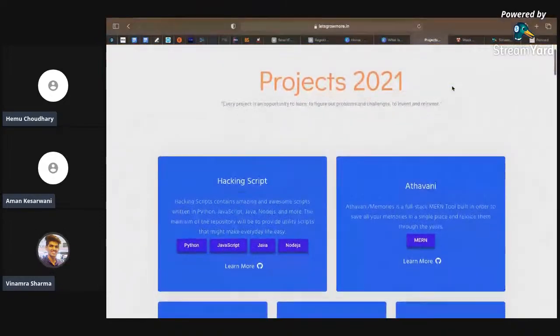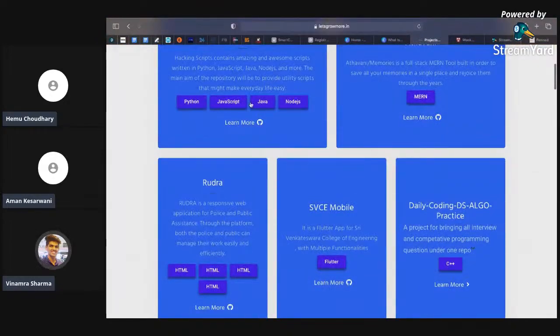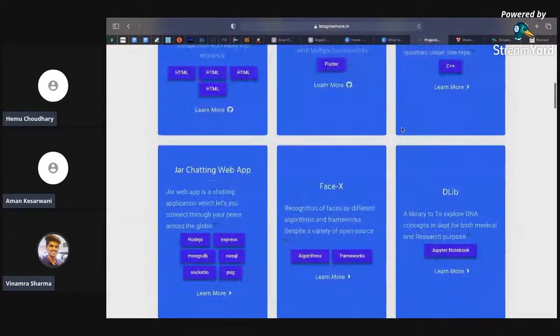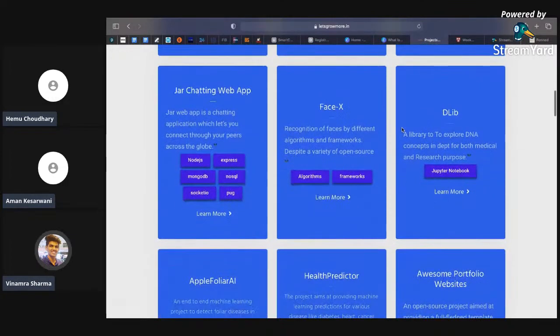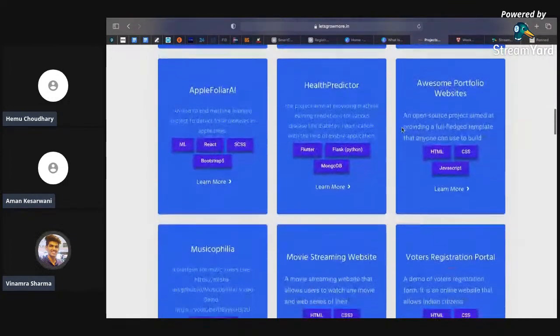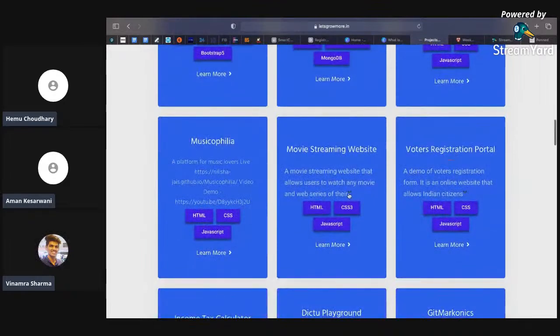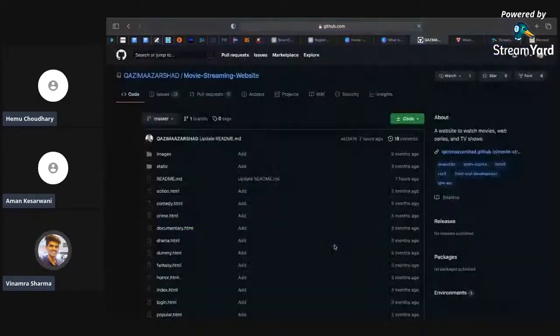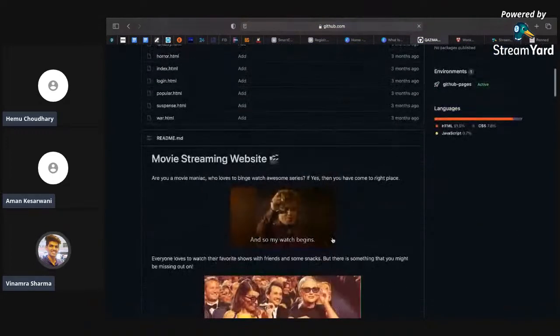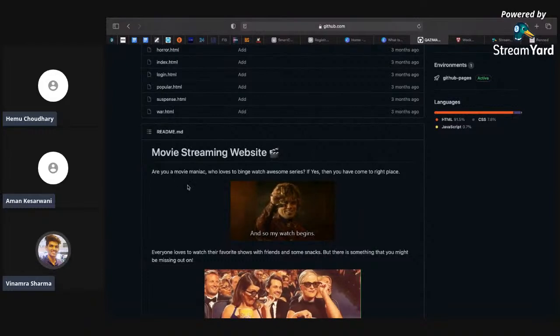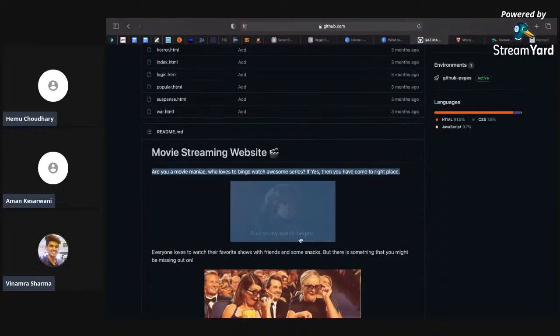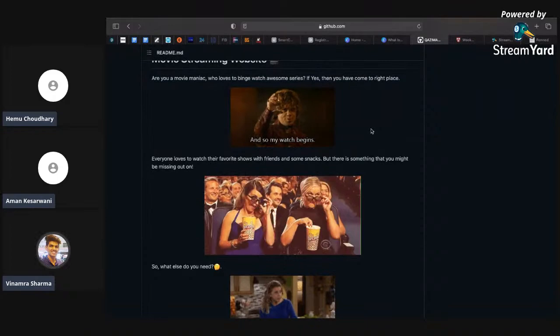You can see the various technologies being used in those projects, which helps you navigate which project suits you and which does not. As you can see the various categories, you can go up there from Learn More. You will be redirected to GitHub, where you will find a README where you can know more and more about the project. So it would be really great to find a project.